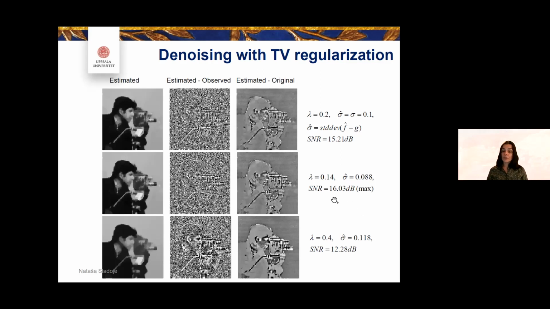What I can observe is that the signal to noise ratio in this case is higher than what I got previously, and that is the best I got in these cases, and that is also with noise which is estimated to be different from the actual one that was applied.